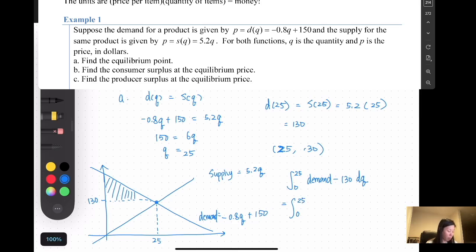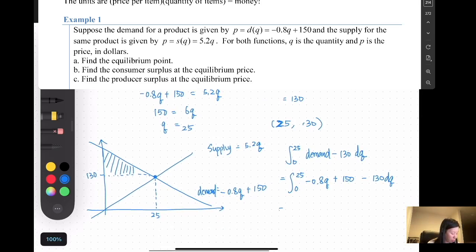And the demand function is negative 0.8q plus 150 minus 130. So now simplify it. I got negative 0.8q plus 20 dq.